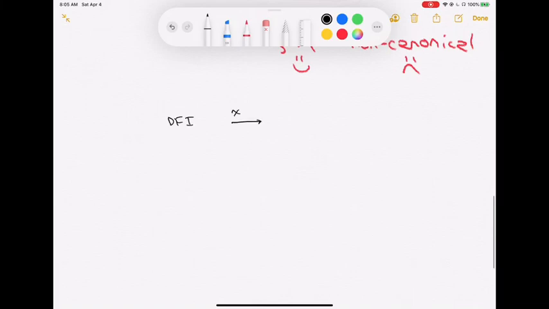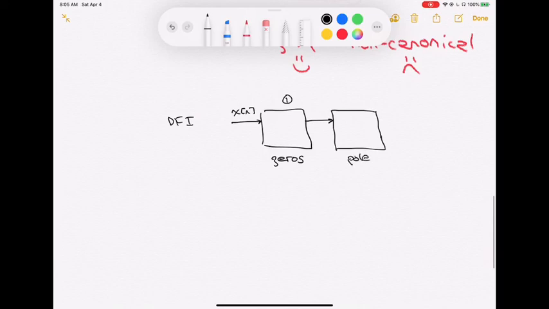It had x of n feeding into some block, and that block had everything to do with the zeros of the system. I'm going to call that block 1. And then that fed into another block, which was the poles of the system, and we called that block 2 above in blue. And that gave us, in this particular case, our output y of n.